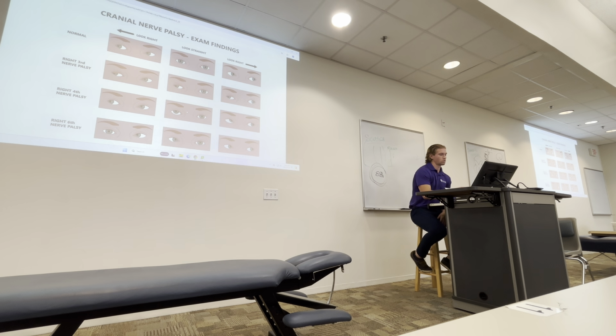And then when you're actually doing an exam and you see an abnormality, it's kind of just the opposite. So an easy way to think of it is, say, for example, if you have the right oculomotor nerve palsy, if you're looking straight, the eye is drifting out, the first step you're gonna think of is what muscle is working.